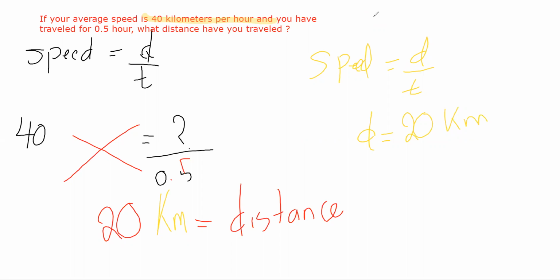Yes, they cancel each other. The units also, since it is kilometer per hour times hour, cancel each other, so you'll have only kilometer. Is it clear? Okay. I will stop recording this one now.